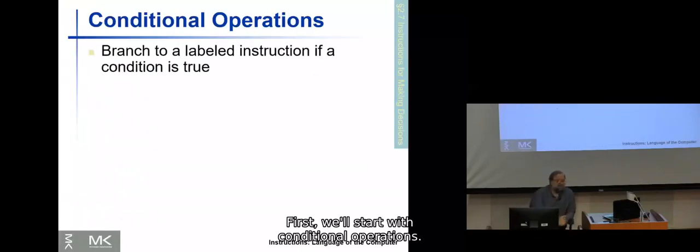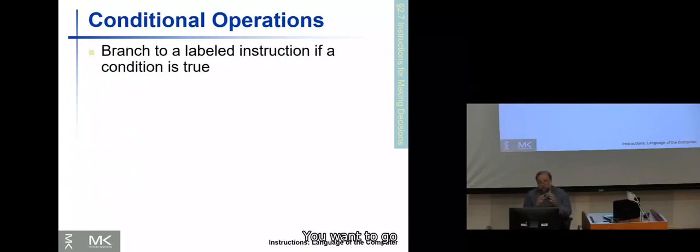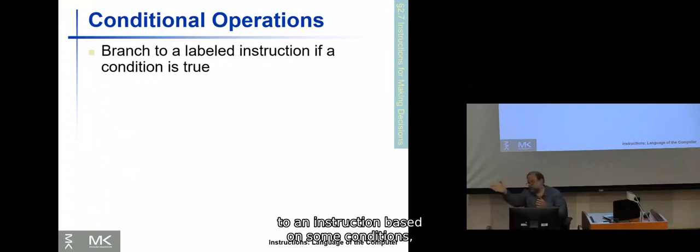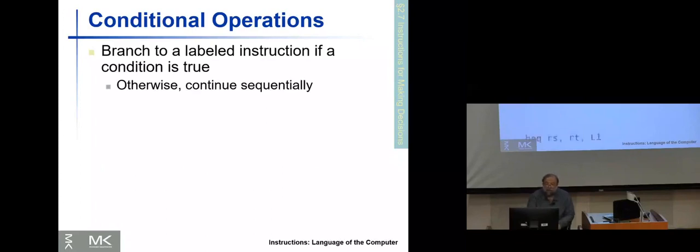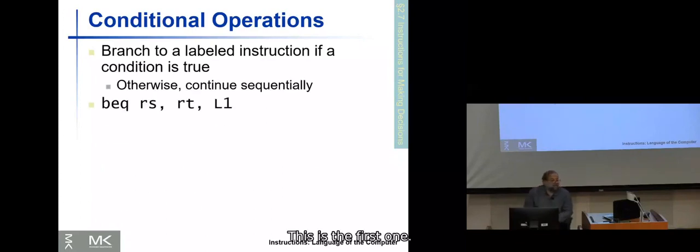First, we start with conditional operations. You want to go to an instruction based on some conditions. For example, in C, you write if A greater than B, then something, else something else. That's how you write in C. This is the first one.